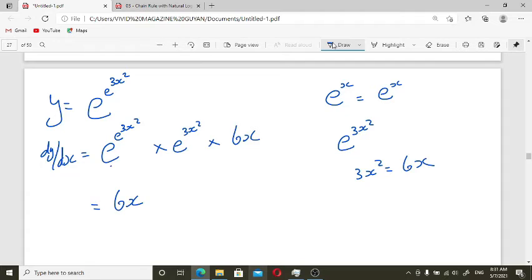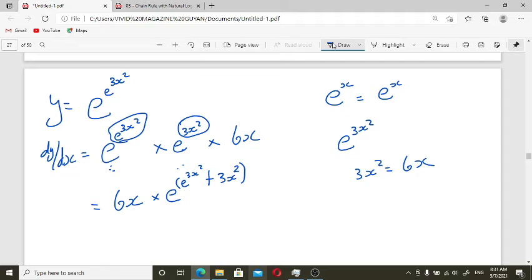Now noticing that you actually have similar bases, what you're going to do now is you're going to have e to the, the power is what you're going to focus on now. So you're going to put a bracket, and in the bracket you're going to put the first one, which is e to the 3x squared, and you're going to put plus 3x squared.